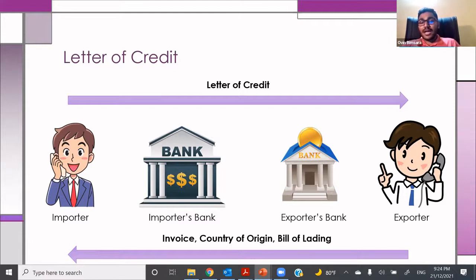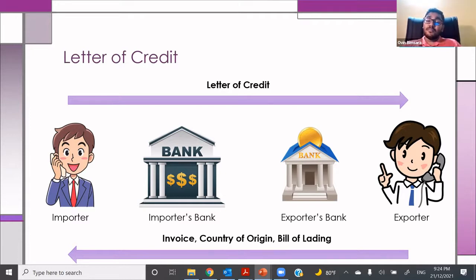The country of origin letter is released by government officials in the exporter's country confirming that this good has been produced in the exporter's country. Let's say the importer is in Sri Lanka and the exporter is in Germany. The country of origin letter will confirm, by the government official, that this good has been manufactured in Germany. So that letter will come in return.